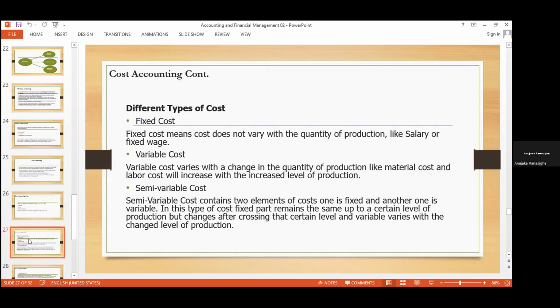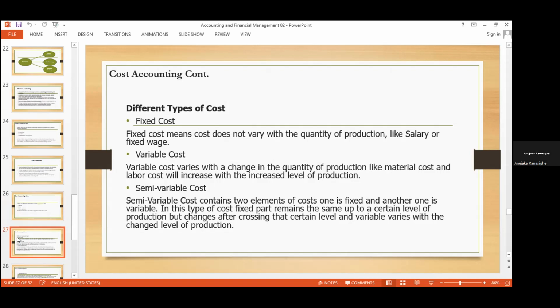Cost accounting has different types of cost. Fixed cost means cost that does not vary with the quantity of production or services. If we reduce or increase the production amount, it does not vary.